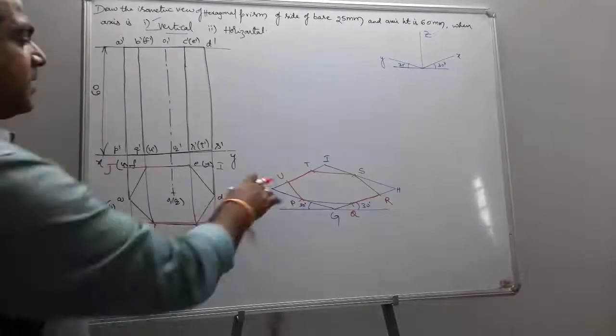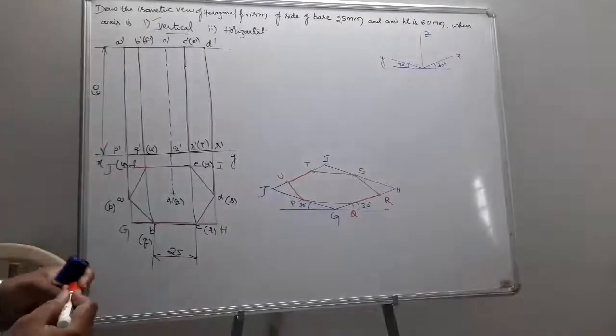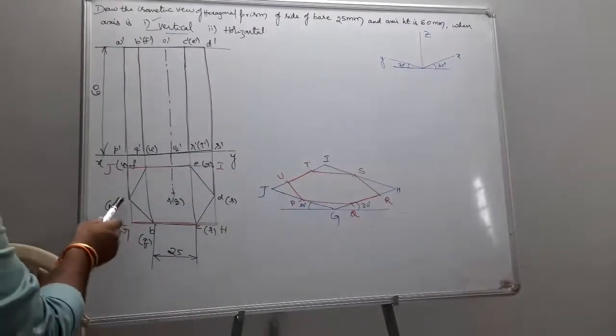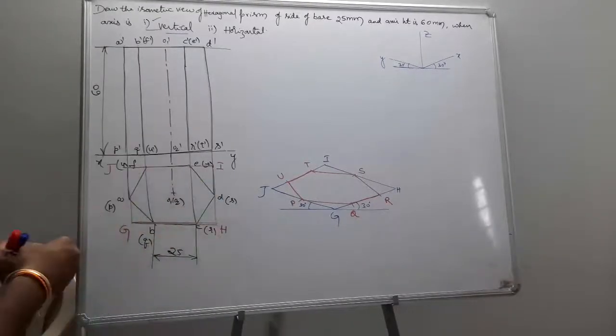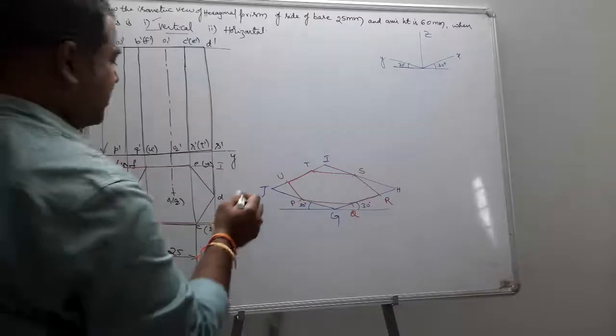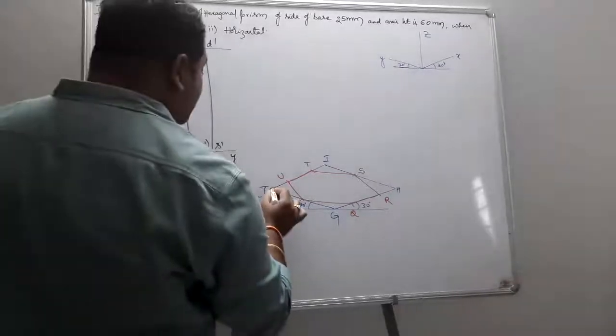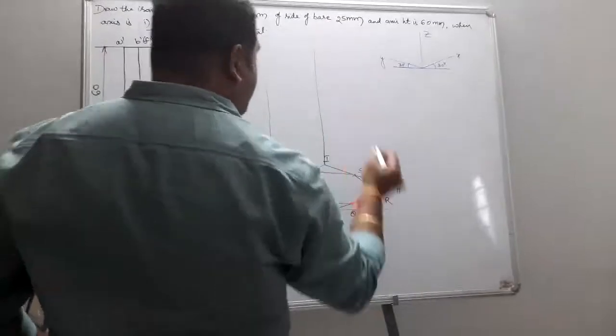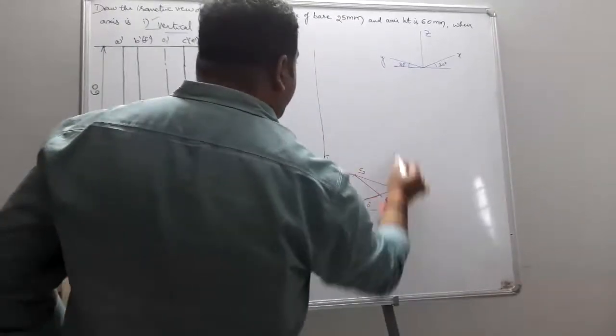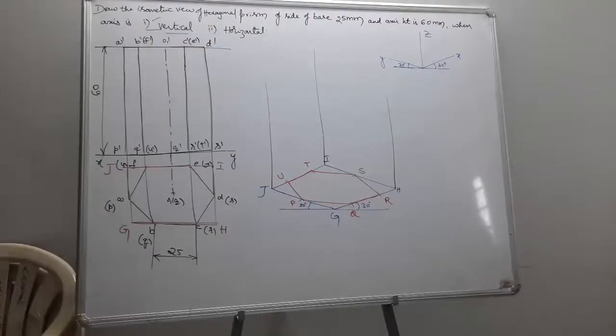Now I require my top base. How can you obtain my top base? Again, my top base A, B, C, D is also in between G, H, I, J. So I extend my GHIJ for the given height 60.